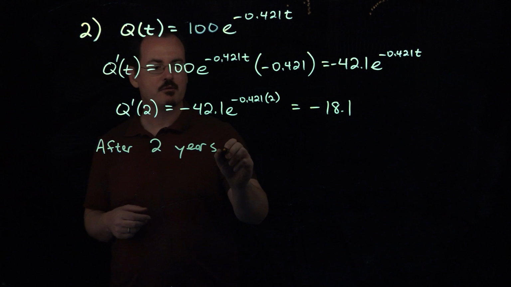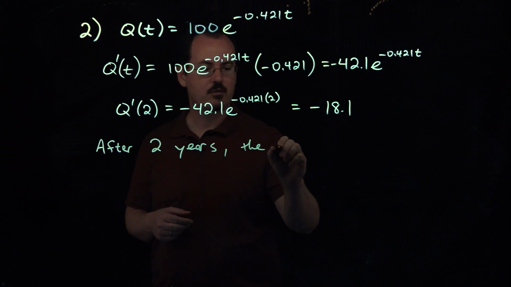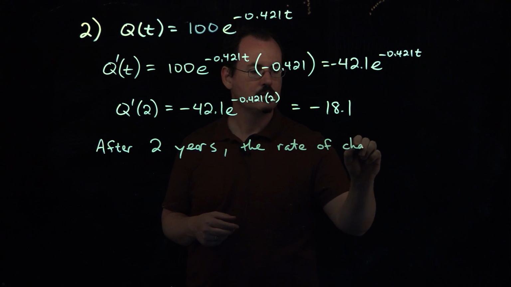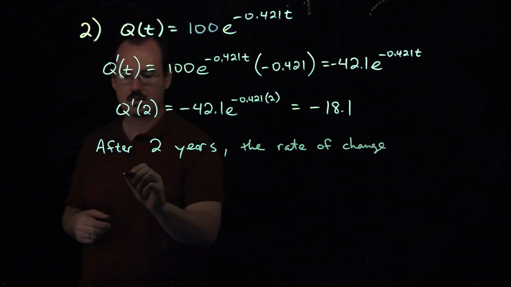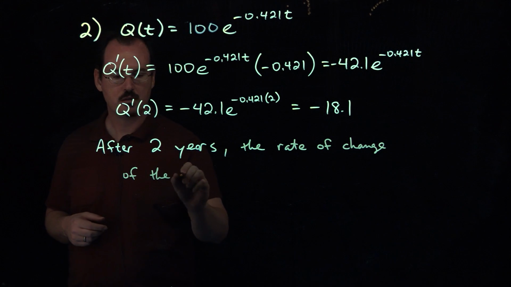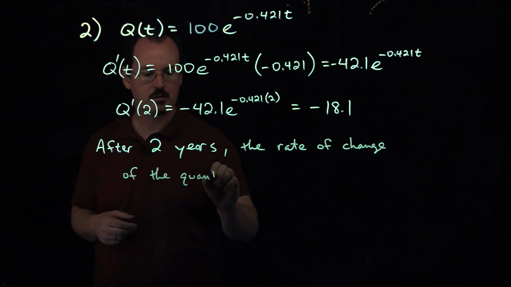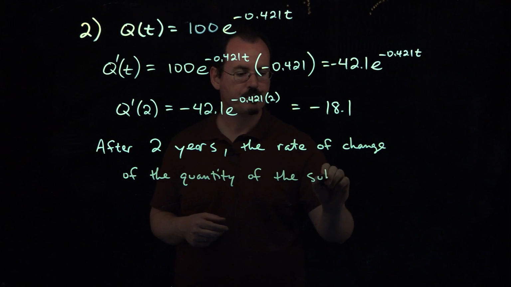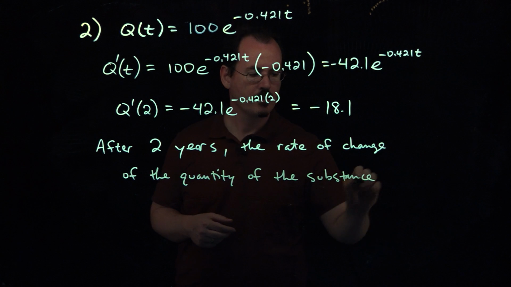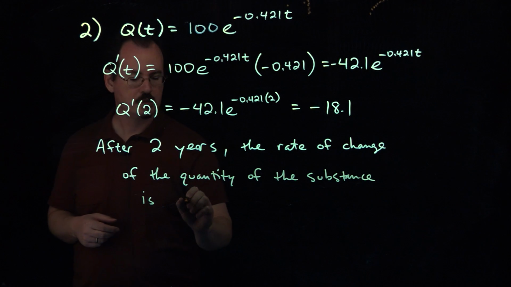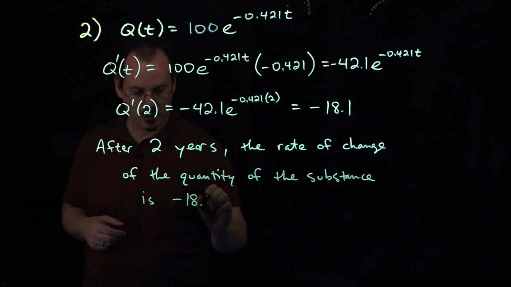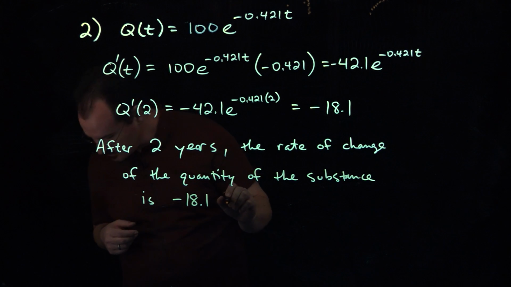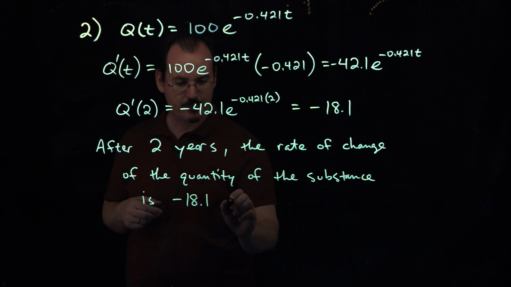After 2 years, the rate of change of the quantity of the material or the substance is negative 18.1, and let's see the units on here in grams, and the time is in years, so this would be grams per year.